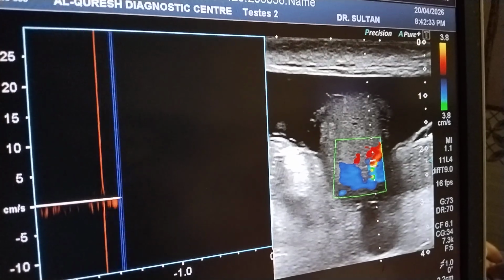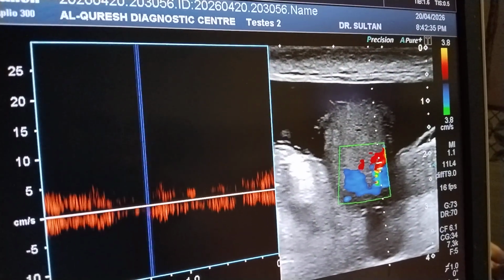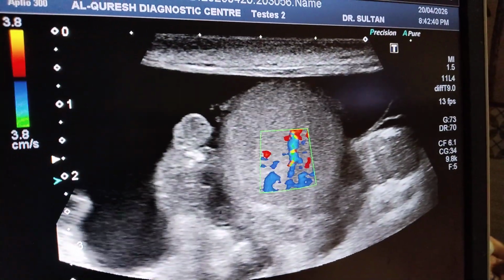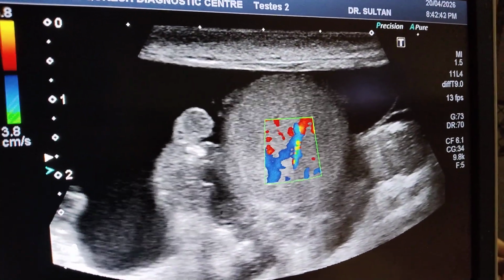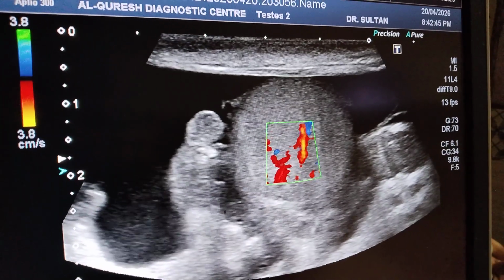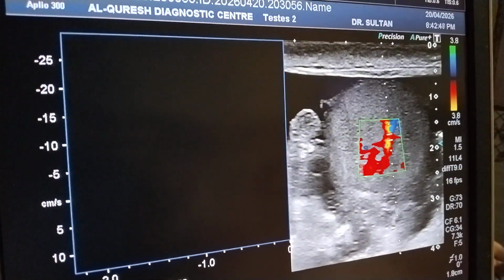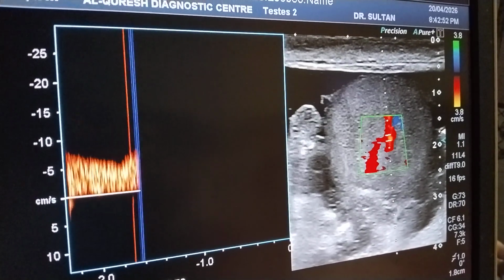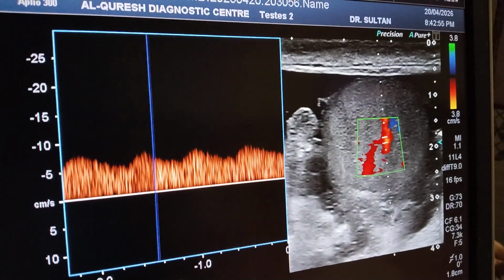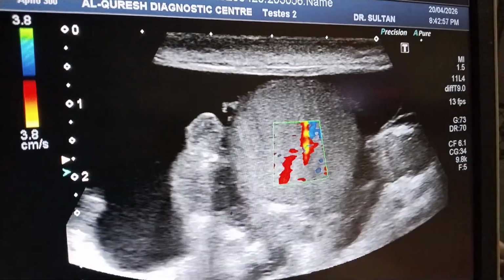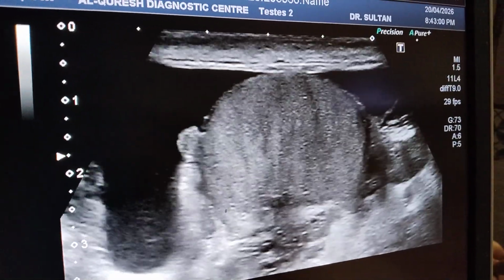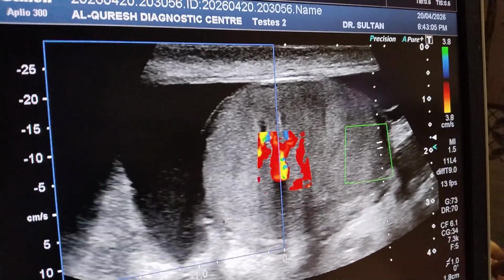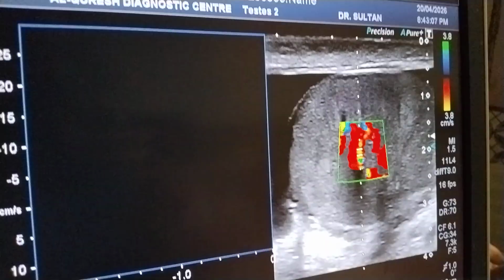So we can appreciate that here the diastolic component is more than we observe in routine practice. Again, look at the mosaic pattern of the vessels.